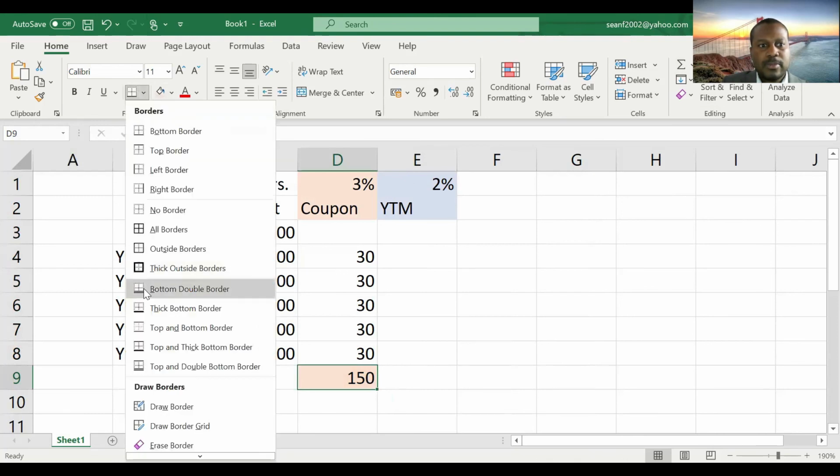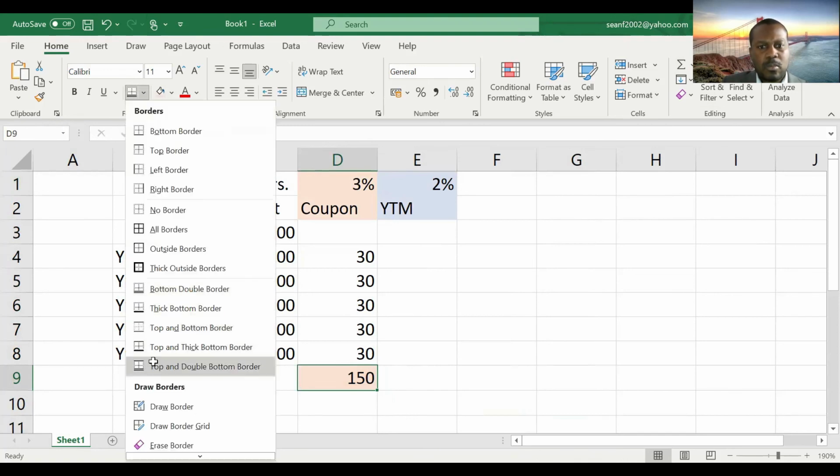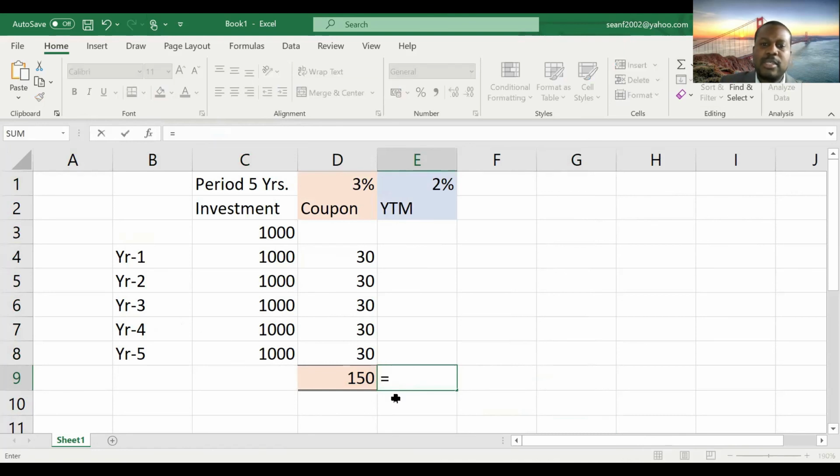So we can see here the coupon payment being 150. And then we have the principle of the yield to maturity. Now, we know the formula for yield to maturity.